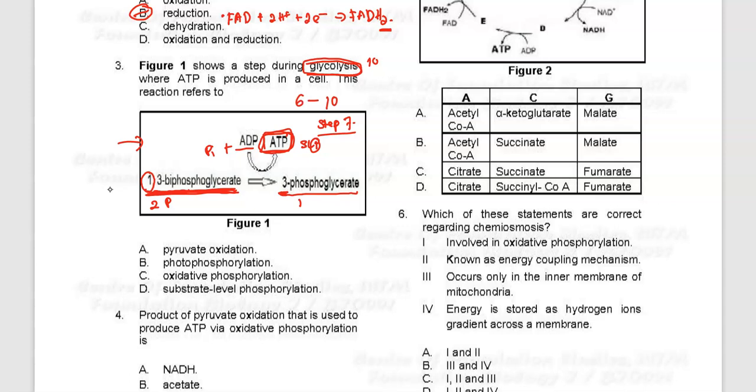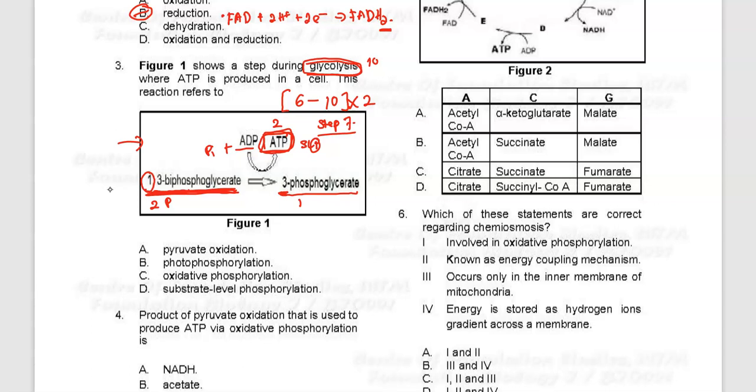When you are entering into step 6 until step 7, every product you have to multiply by 2. It means that during this stage, 2 ATP is synthesized during glycolysis in the energy payoff phase.